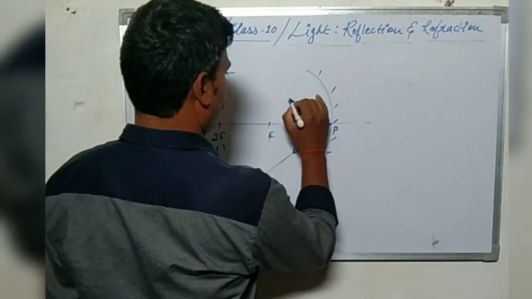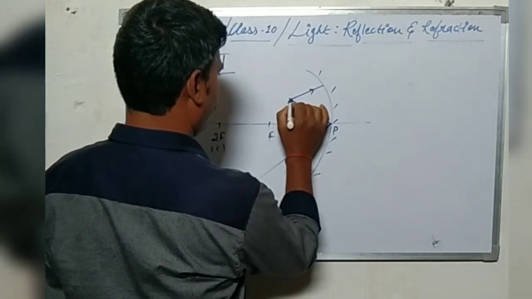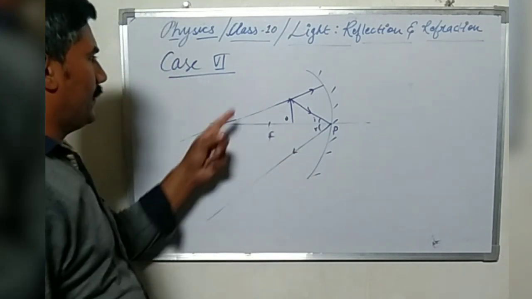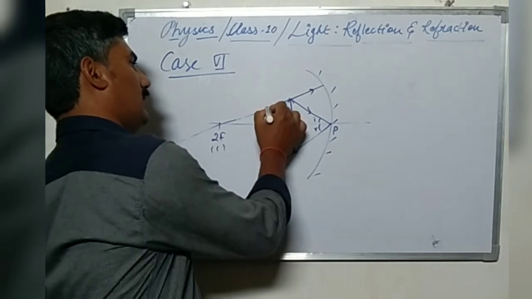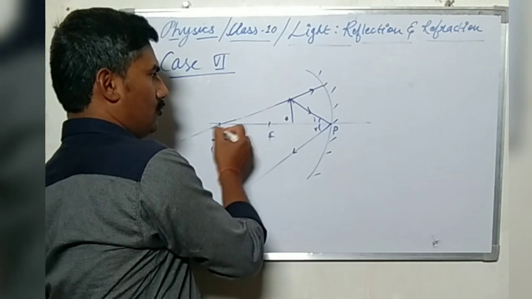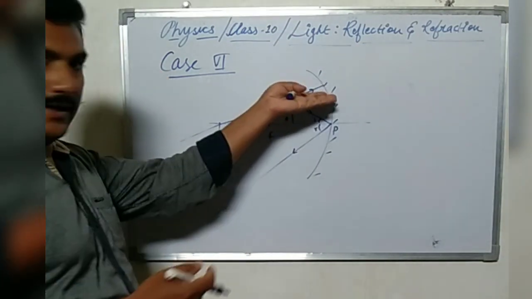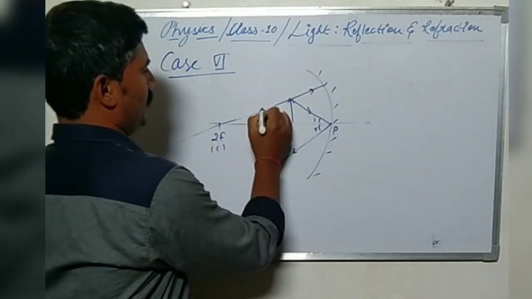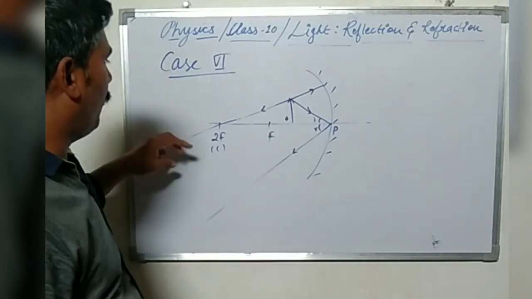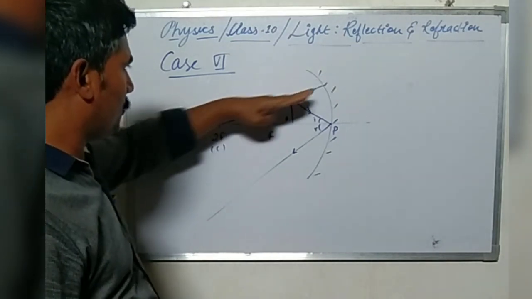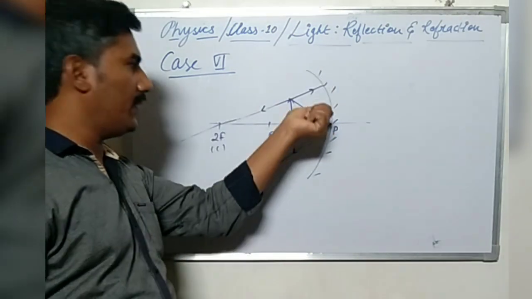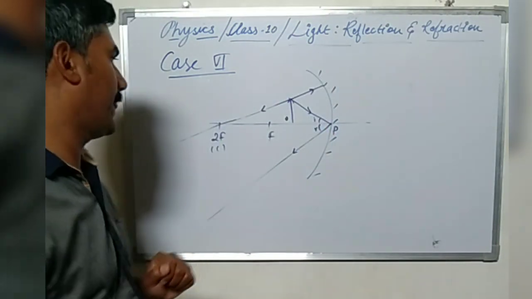And when a ray of light passes in the direction of the center of curvature, after getting reflected it passes along the same path, because when it is directed along the center of curvature, it will retrace its path.